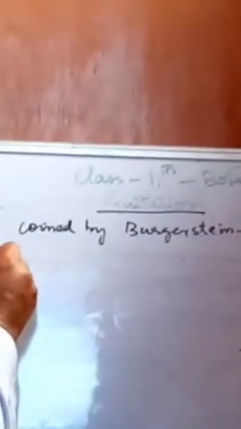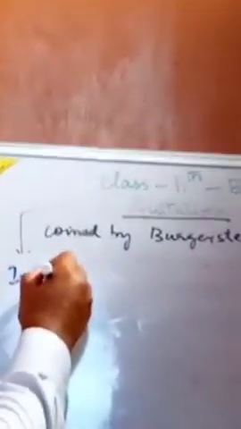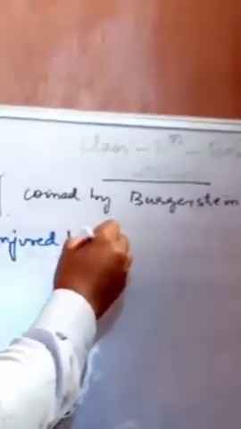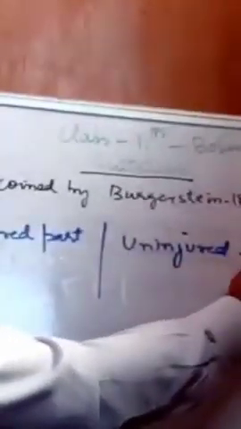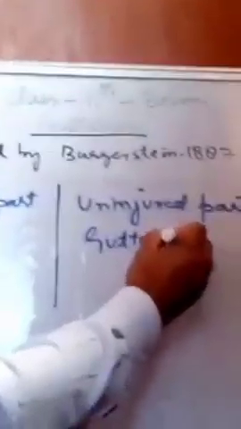Now it has also been seen that in the plant we have two parts. One is called the injured part, and the other is called the uninjured part. Guttation mainly takes place through the uninjured part.